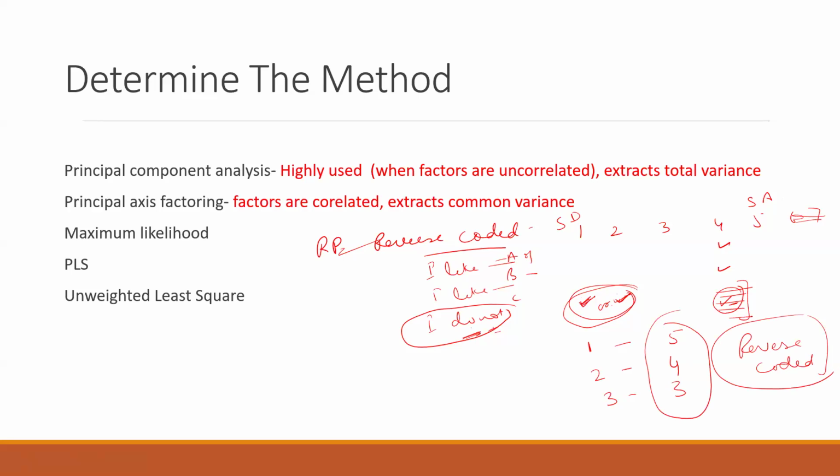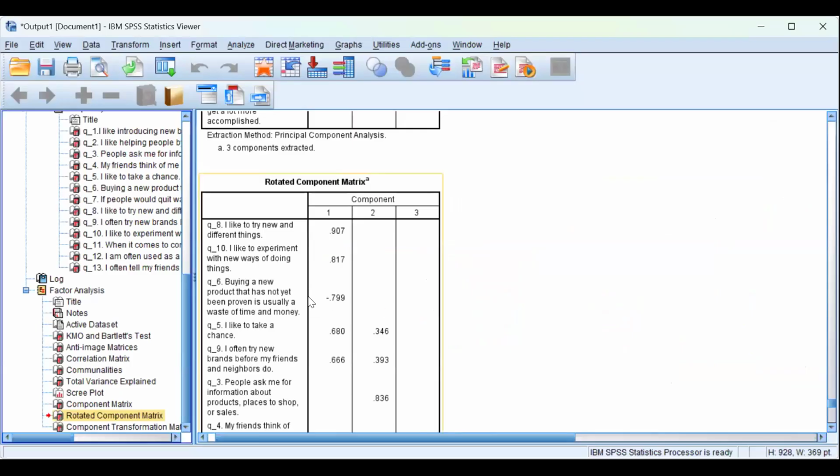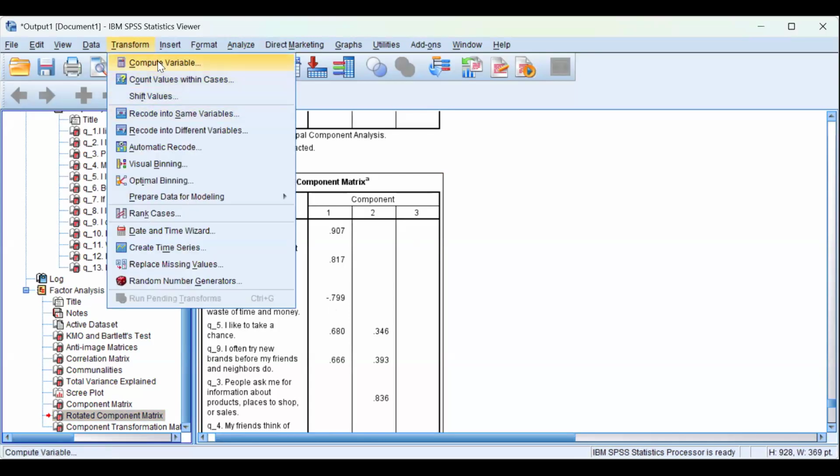So you actually fill the data, but when the results of EFA come, it shows you that see, the value is minus 0.7. So go and check your statement. In such cases, what do we do? We go to Transform. I'm sharing the sheet. So this value, minus point. So you go to Transform, and you go to Compute Variable.